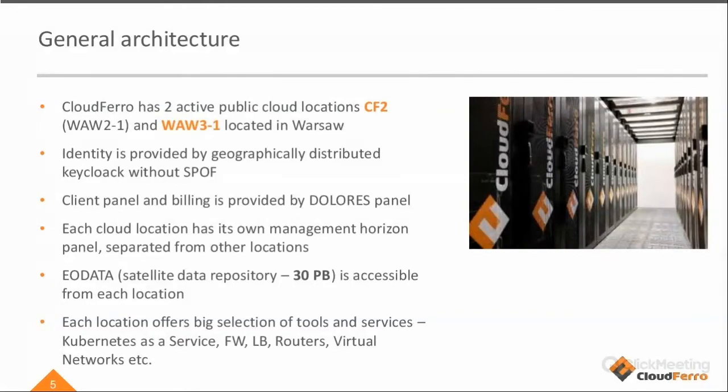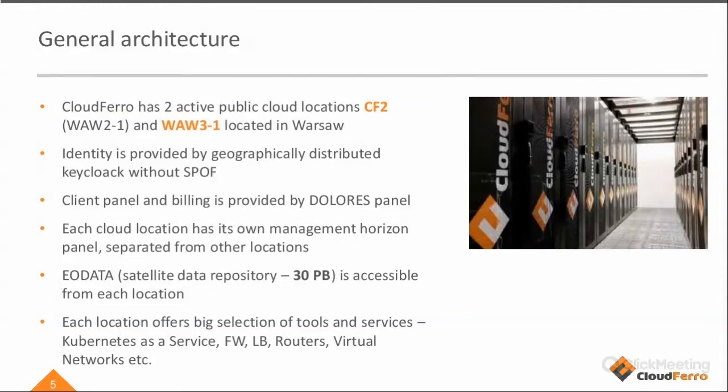All our clouds have access to our central repository of EO data, and it is accessible from each and every location in the same way. Because most of the access is done by S3, the delay that is introduced here isn't that much of a problem, and we'll be distributing EO data geographically in the near future.